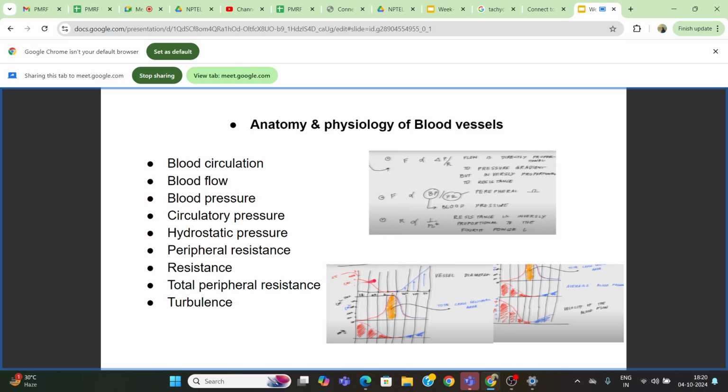The vessel closer to the heart is larger in size, so the graph will look like this. And if you are checking the area in square centimeters, it will be even more in the smaller parts around the capillaries, and it decreases near the heart.